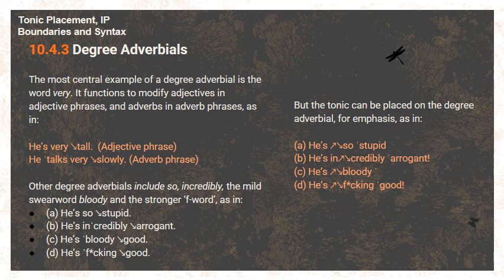Other degree adverbials include so, incredibly, the middle word bloody, and the stronger F word, as in he is so stupid, he is incredibly arrogant, he is bloody good, he is fucking good.